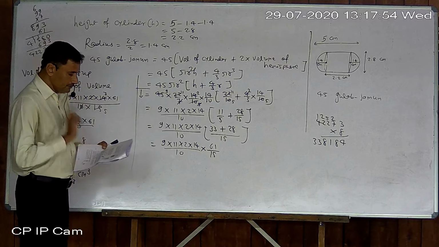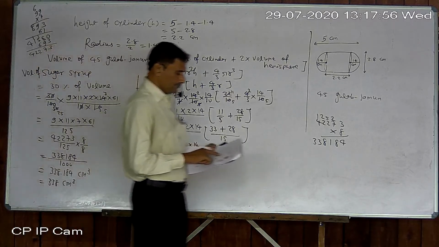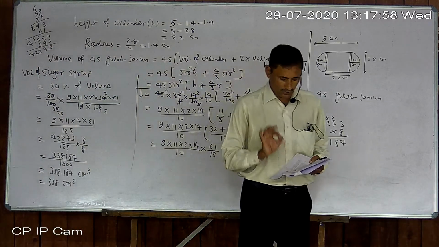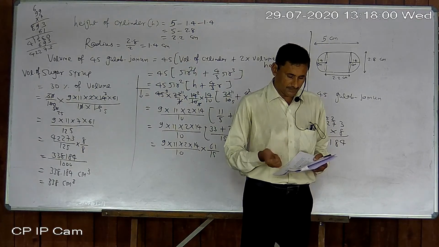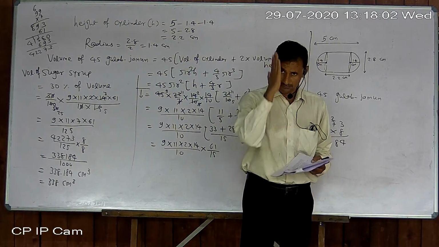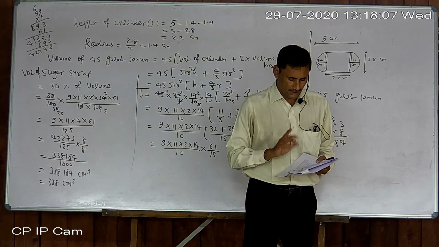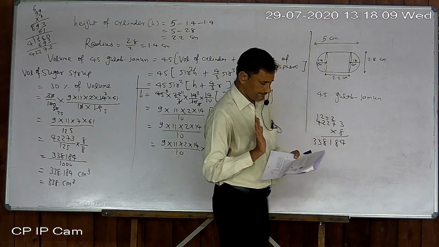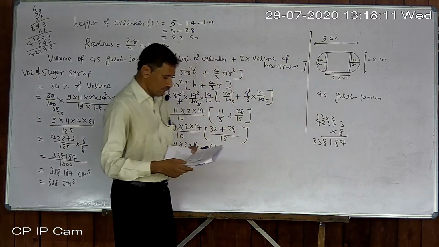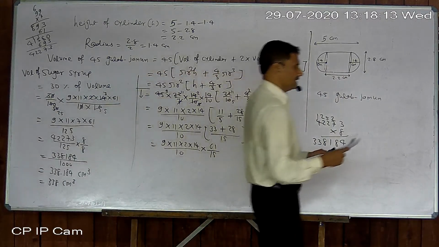The radius of each of the depressions is 0.5 centimeter and the depth is 1.4. Depth means height; depth or height are both equal here. And radius is also given. Find the volume of wood in the entire stand.